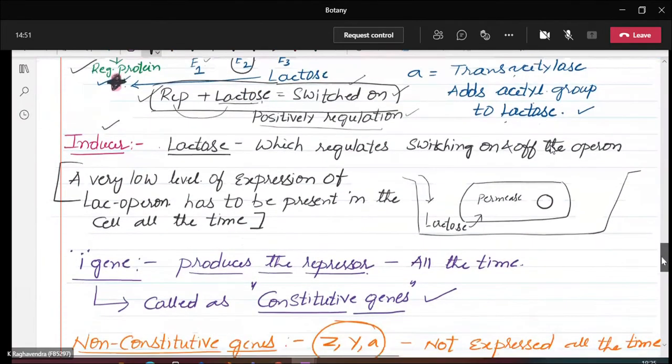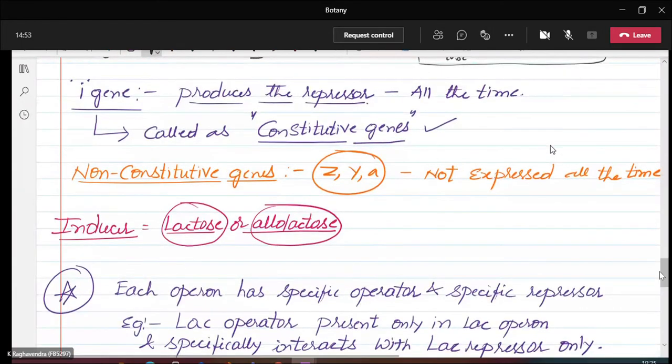So 2-3 important things we have studied in the lac operon: the I gene continuously produces the repressor all the time. That's the reason the genes which continuously express all the time are called constitutive genes. In the lac operon, there is only one constitutive gene, that is I gene. In the lac operon, there are structural genes which are non-constitutive.